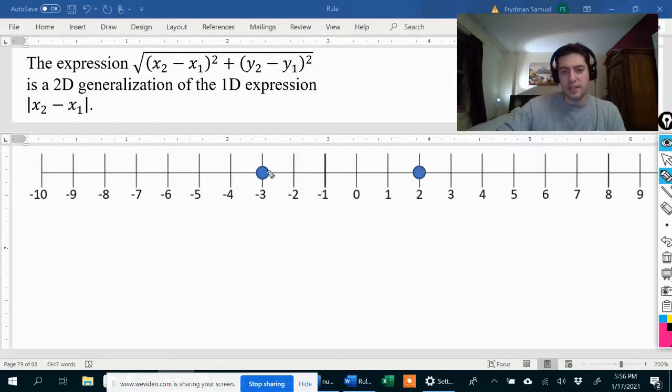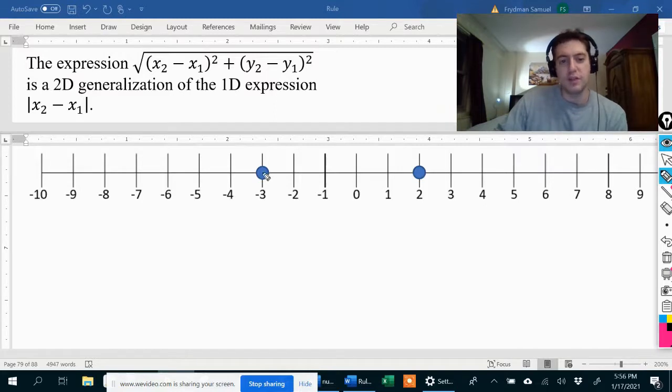If I want to find the distance between this dot and this dot, then all I would have to do is subtract these two numbers over here and then take the absolute value, just to make sure that I'm writing my answer as a positive number instead of a negative number, because we always write distances as positive numbers.